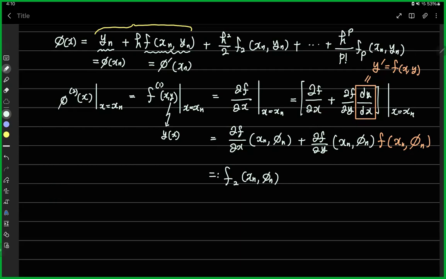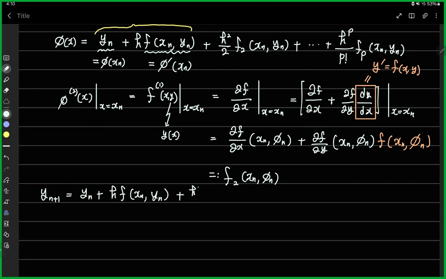So anyway, let me rewrite this using the letter y instead of y tilde: y sub n plus 1 is equal to y sub n plus h times f of x_n comma y_n. So that's the Euler method, okay?